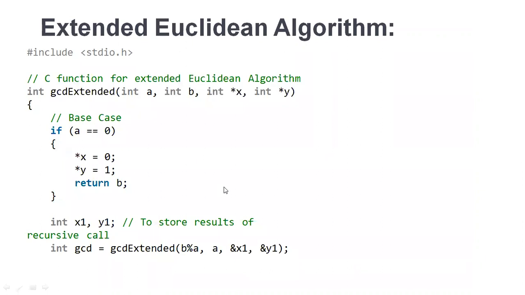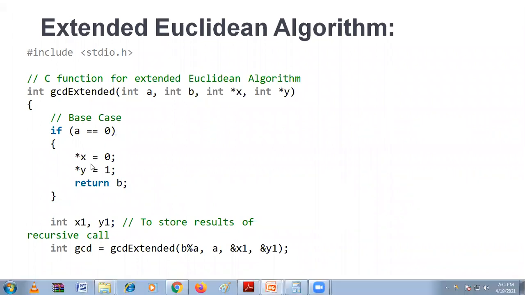Okay, so the extended Euclidean algorithm is implemented here. a, b, integer x and integer y values are here. In the base case, initially we consider a is 0. In that case, x is 0 and y is 1, and it will return the value of b, and the recursive call is required.